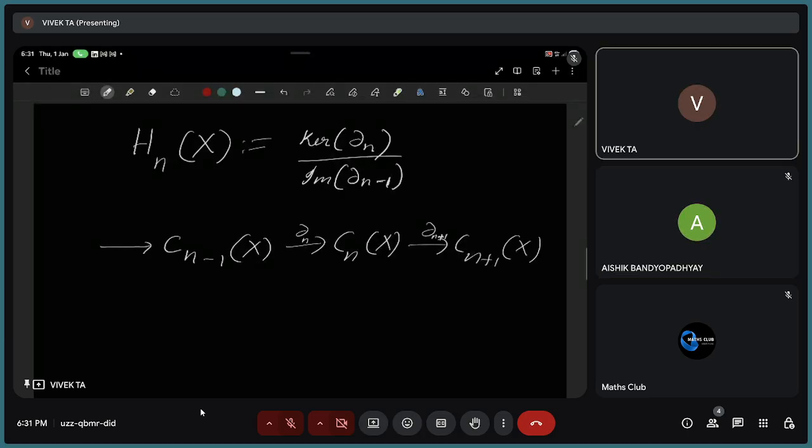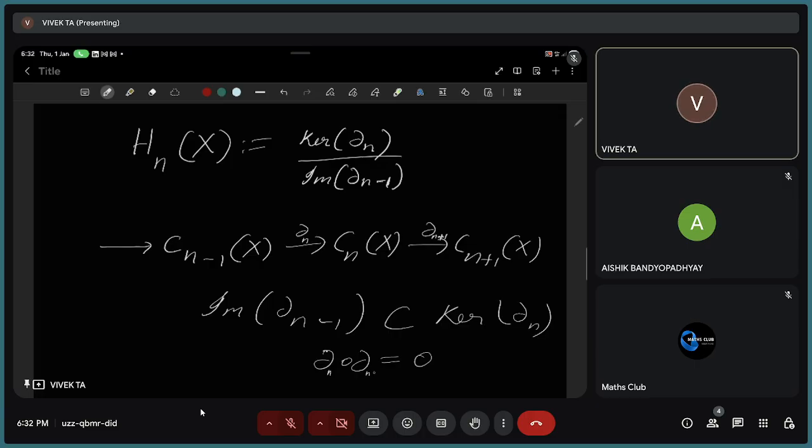So it is obvious, right, that the image of del n minus 1 will be contained inside the kernel of del n because of this rule. This is true, right?